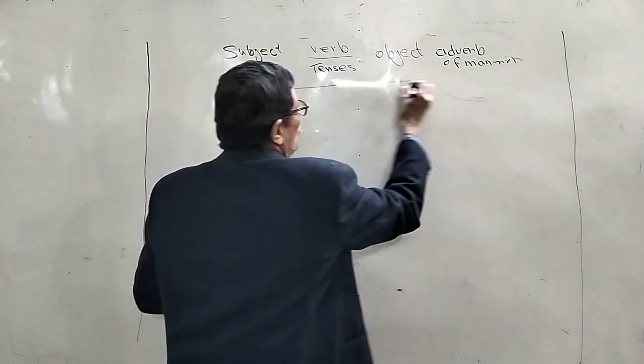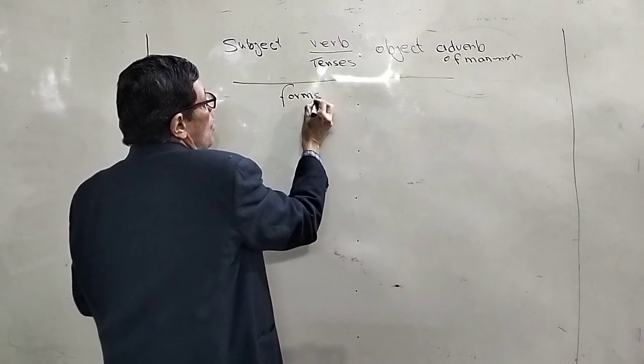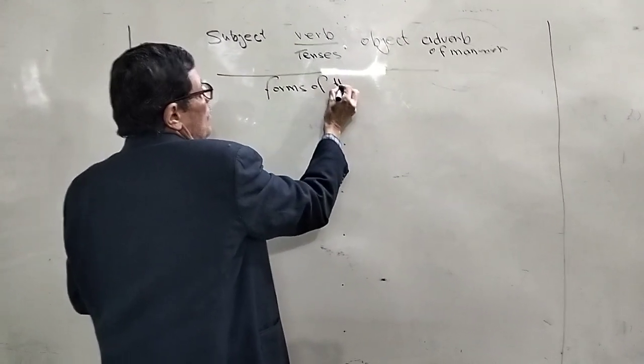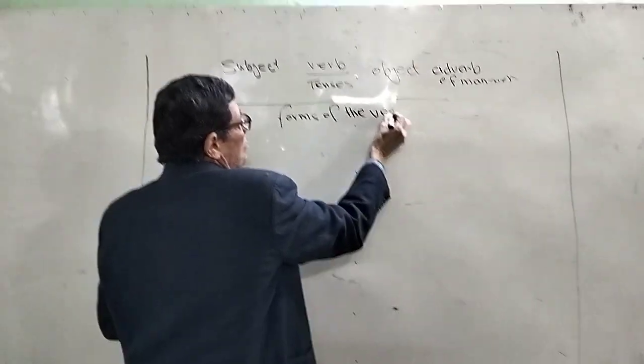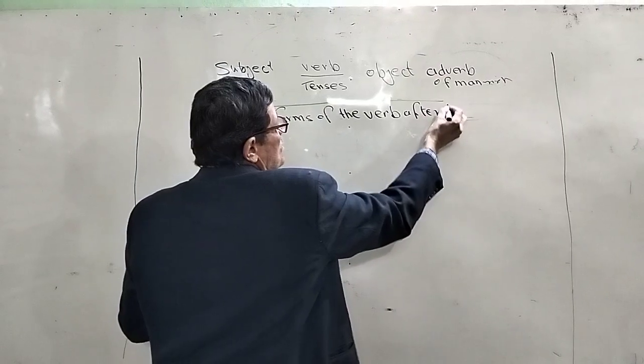So what are the forms of the verb after the object?